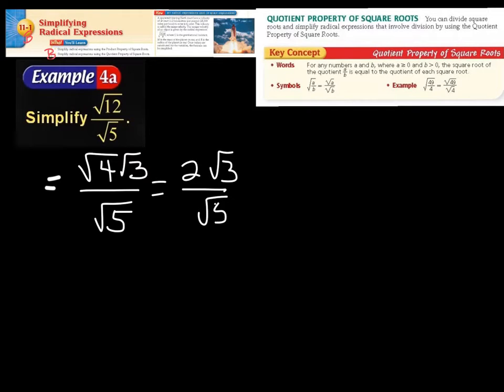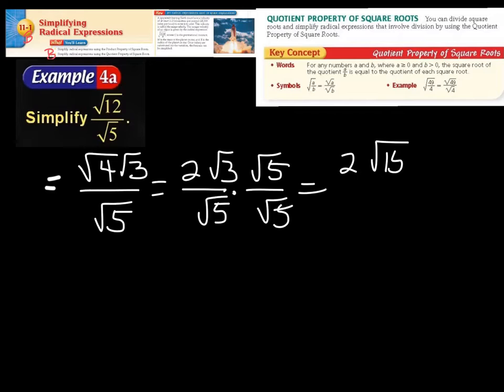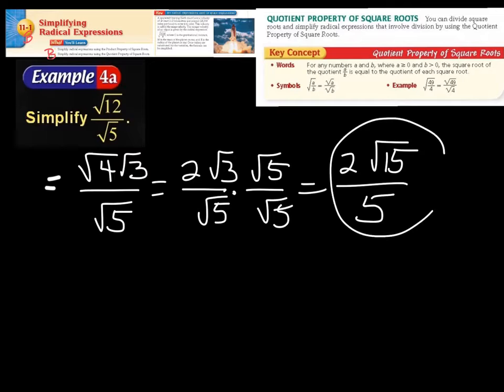Now to rationalize the denominator, I'm going to multiply by square root of 5 over square root of 5. Anything divided by itself is 1, and when we multiply by 1, we don't change the value of the number, we just change its appearance, just like when we got common denominators. Square root of 3 times square root of 5 is square root of 15. Square root of 5 times square root of 5 is square root of 25, which is 5.